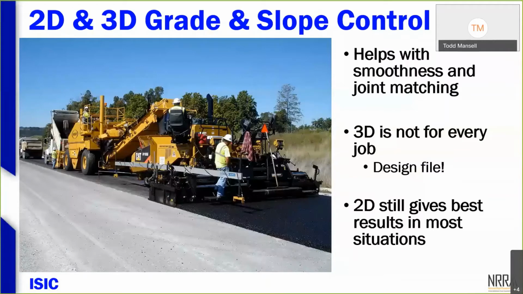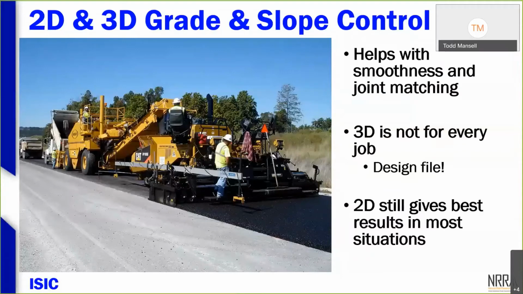And the design file is really the critical thing, in my opinion, when you get to 3D paving. If the design file that's loaded on the machine to control the screed elevation and slope is not correct or not accurate or not lined up correctly at the starting point, with 3D paving, we can run into a lot of problems. But if we have a good design file, 3D paving works great.